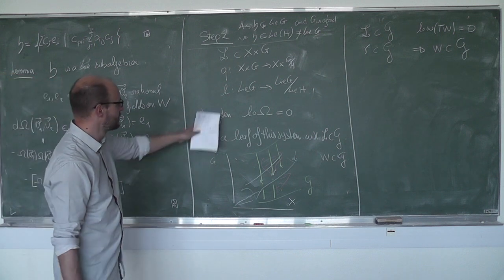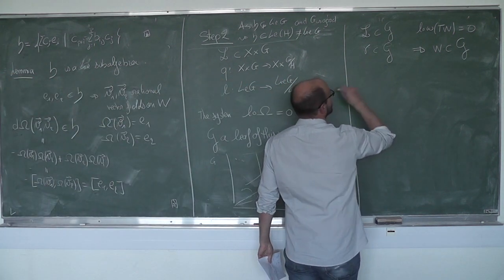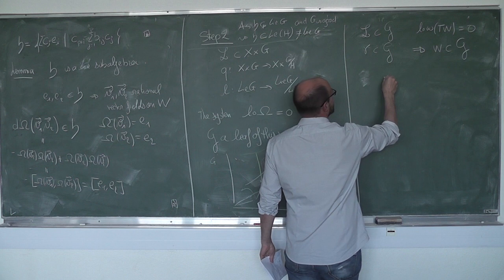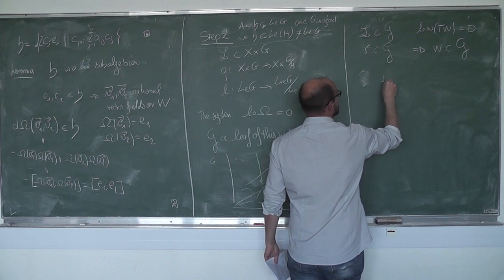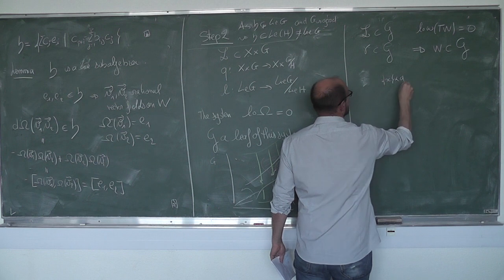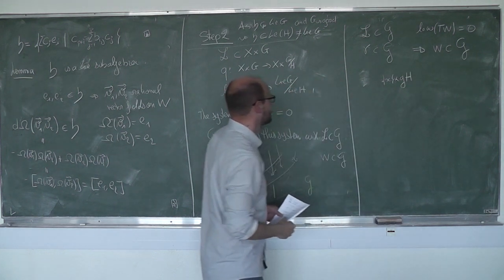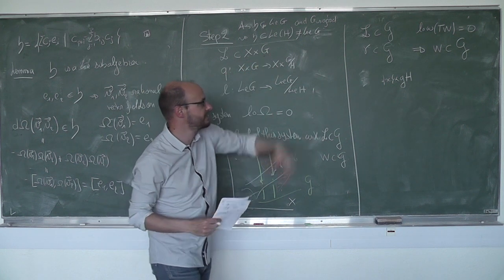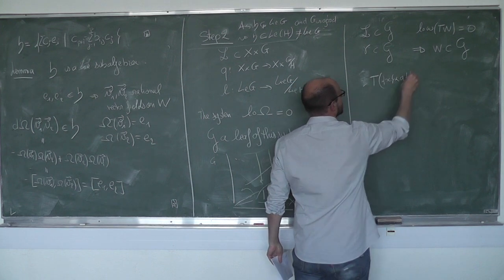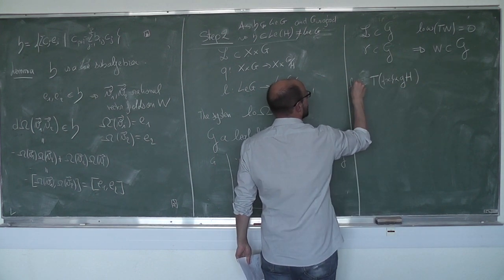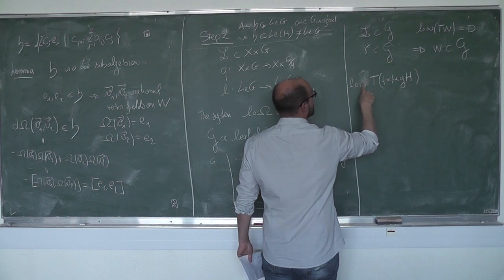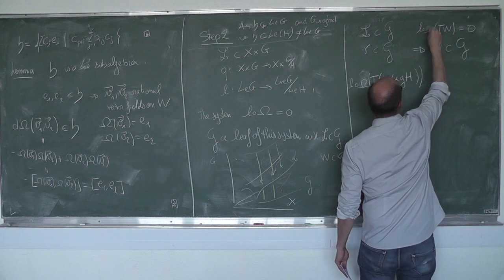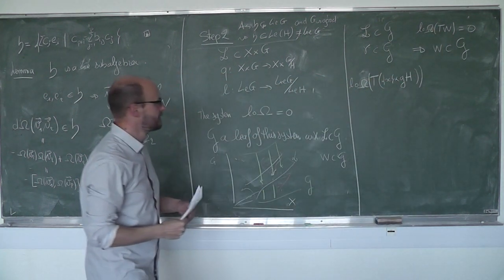As I said, if you take an orbit, x cross GH, so you fix x, take an element here, and you take the orbit by H, and you look at the tangent of this. This is also annihilated by L. And this is 0.